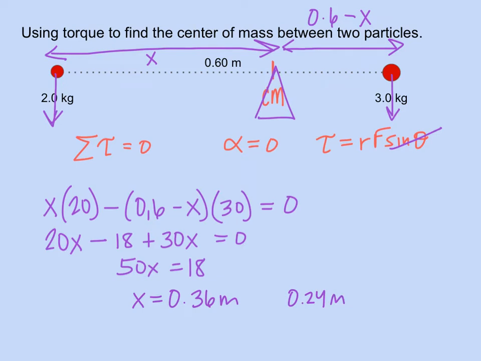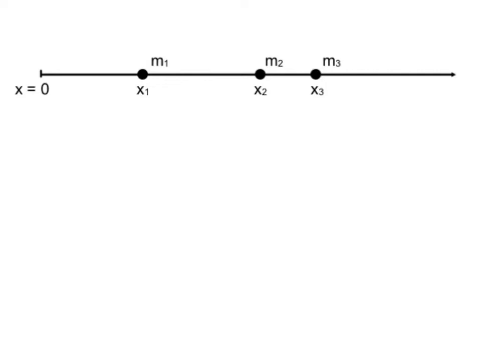So this is one way of doing it, but let's use this to figure out a formula that will let us handle more than 2 objects in a system. So here we have a general setup. The 0 point has been defined here at the left-hand side so that everything is positive.